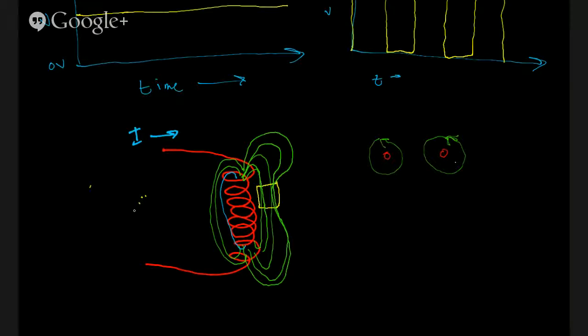And if current is flowing in the same direction in both of these wires, then the magnetic fields will combine.